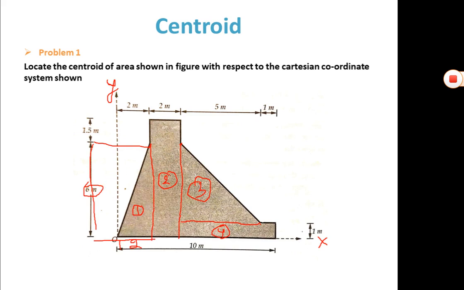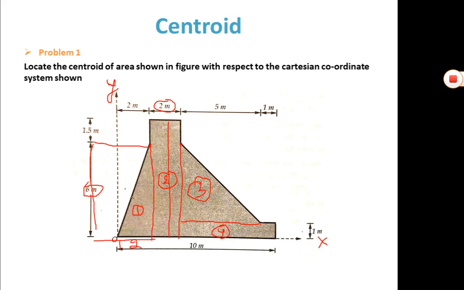Now come to geometrical component 2, that is a rectangle. The width of the rectangle is 2 meter, and the height is from here to here.